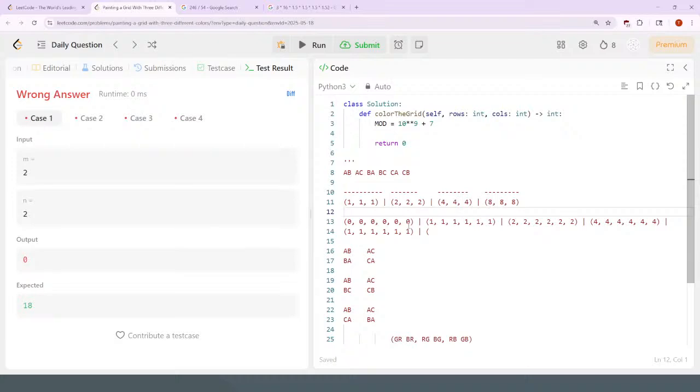Or 1 by 2, 2 by 1. So can you even tell how many ways that there's an A over here or a B over here?